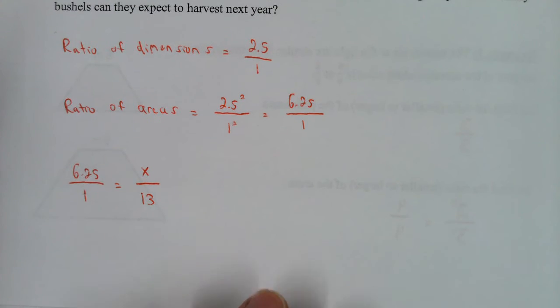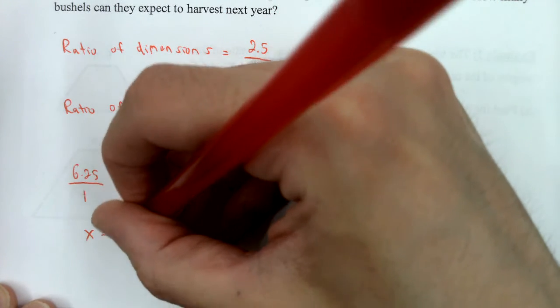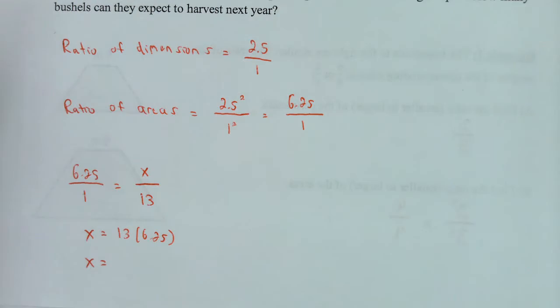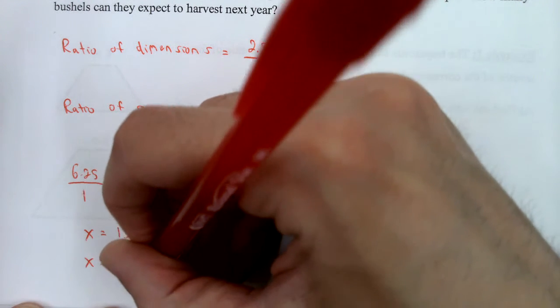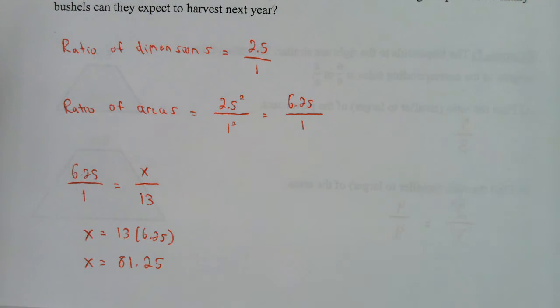X times 1, which is just x, equals 13 times 6.25, so it equals 81.25. I'll round that to the nearest whole number. I'll say the students can expect to harvest about 81 bushels of vegetables next year.